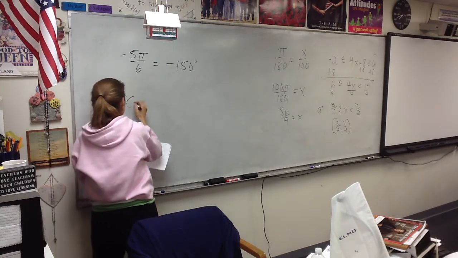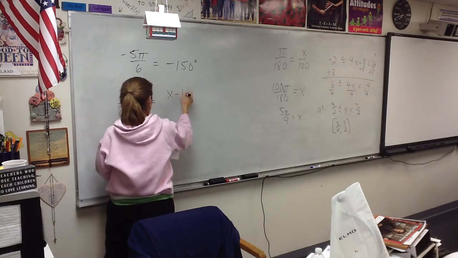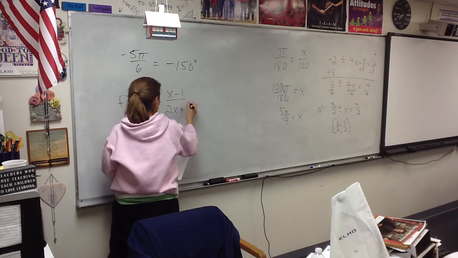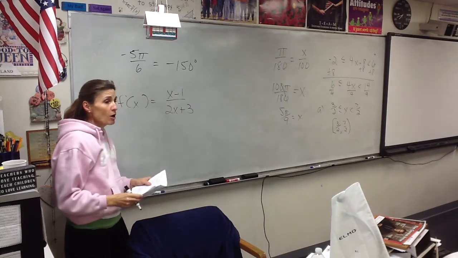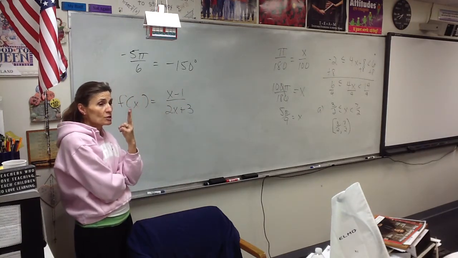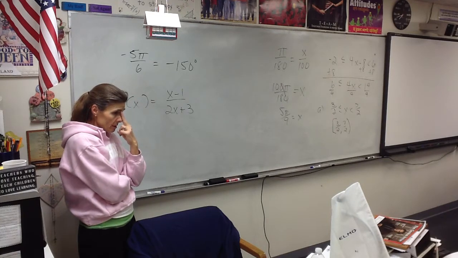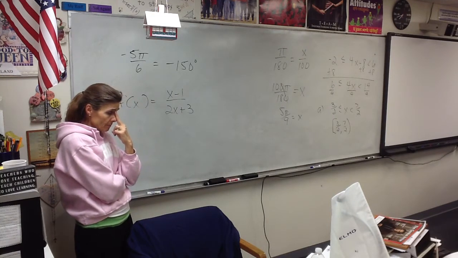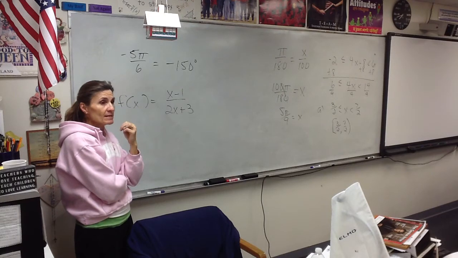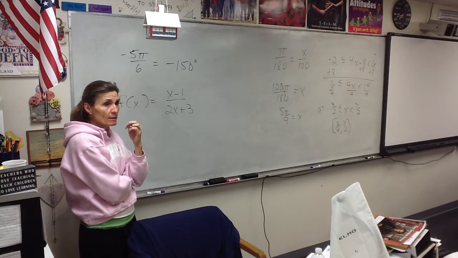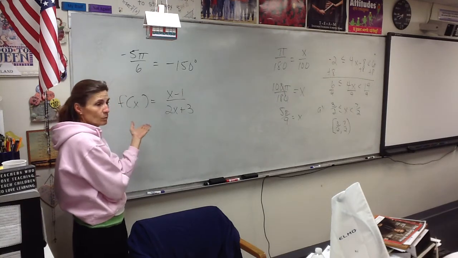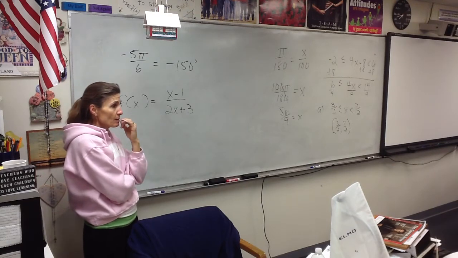What is the domain? Remember that when somebody talks to you about domain, there are 2 things you have to worry about. What are the 2 things? You can't have a negative under a radical. Well, I don't have to worry about that in this problem. And what else?